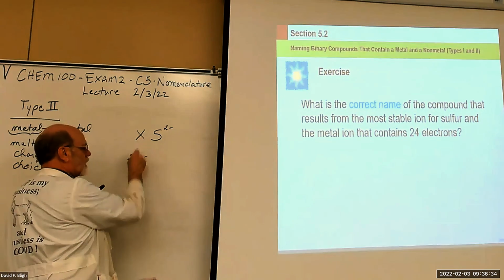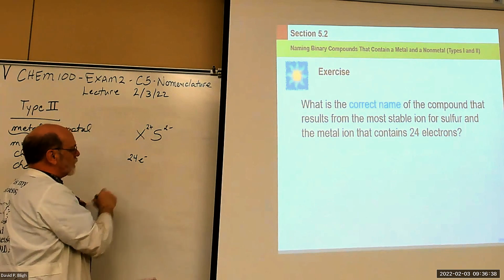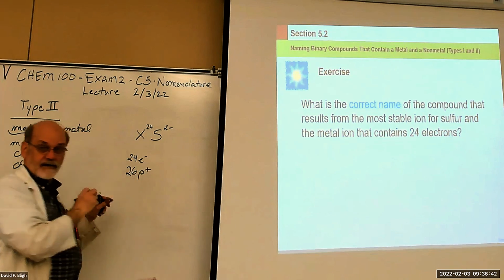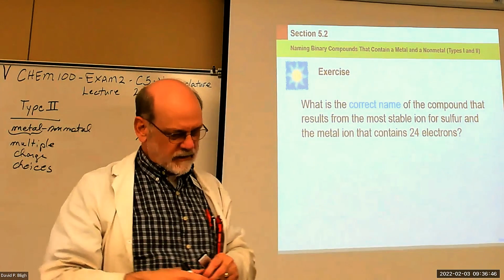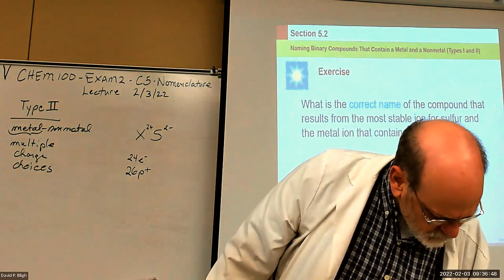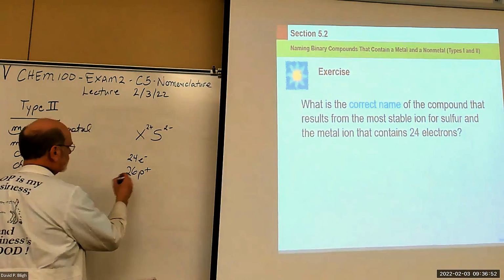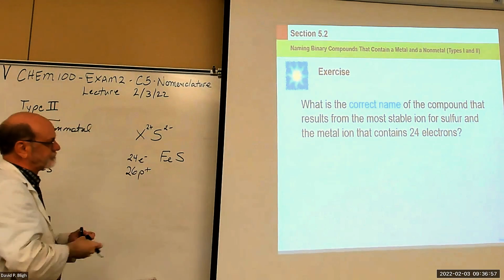So if we assume there's only one of those, that means it has to be a 2+ charge, which means the number of protons has to be 26. Now that we know the number of protons, we can find the symbol for that element, which is 26, iron. So we would write FeS.